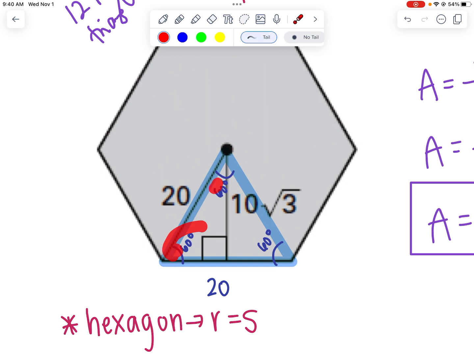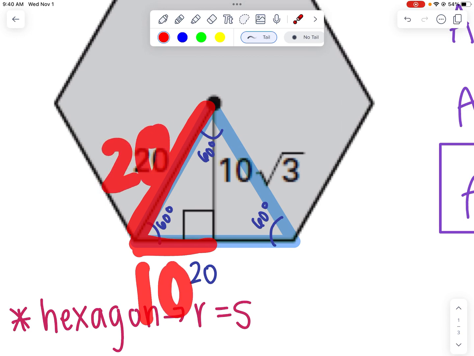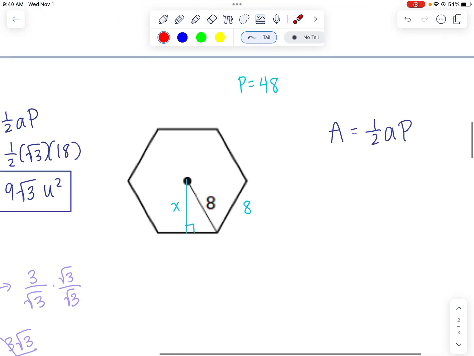So I have 30, 60, 90s again. But what makes the hexagon so nice is that your radius and your side are the same. So to get the apothem, all you have to do is half your number. So think, if this is the hypotenuse, my short leg would be 10. So I have 20, 10. How would I find the long leg? 10 root 3.